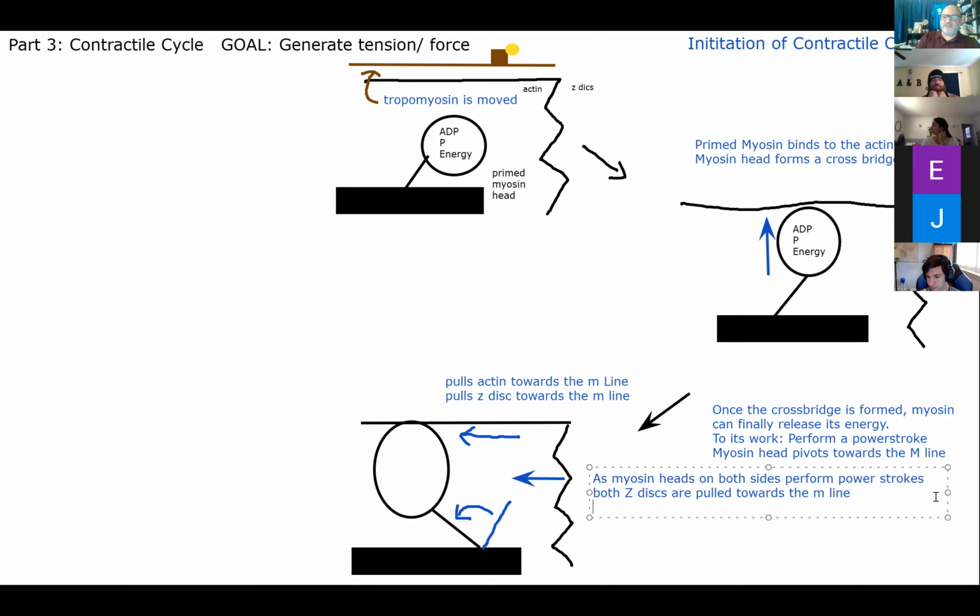So what happens to my sarcomere? Decreases in length. Yeah. My sarcomere gets shorter. And obviously this is happening in all the sarcomeres, but even if it was just happening in this one, if my sarcomere gets shorter, what happens to my myofibril? It's also short.